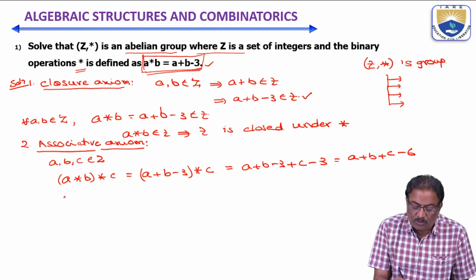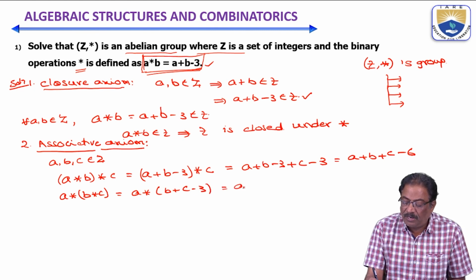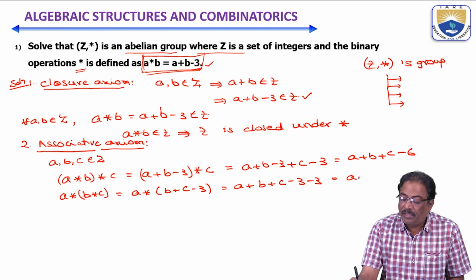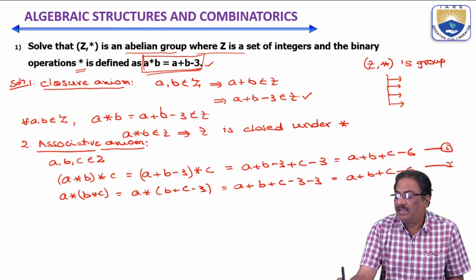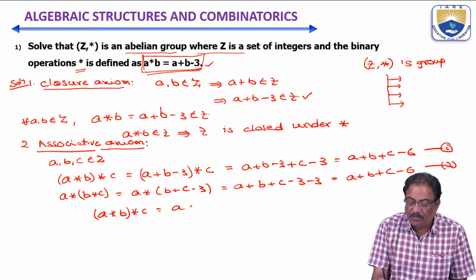Now similarly we take another one, A star (B star C), which equals A star (B plus C minus 3). So then it is nothing but A plus B plus C minus 3 minus 3. This is also equal to A plus B plus C minus 6. Call this equation 1 and this equation 2. From these two equations, we can say that (A star B) star C equals A star (B star C).